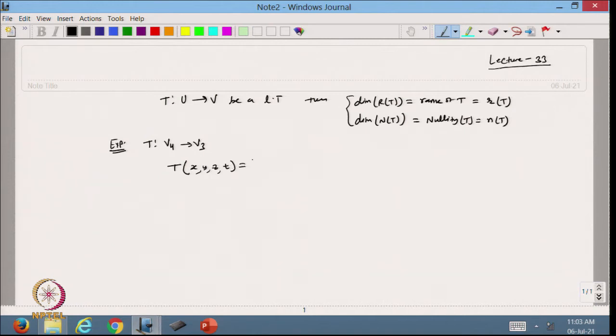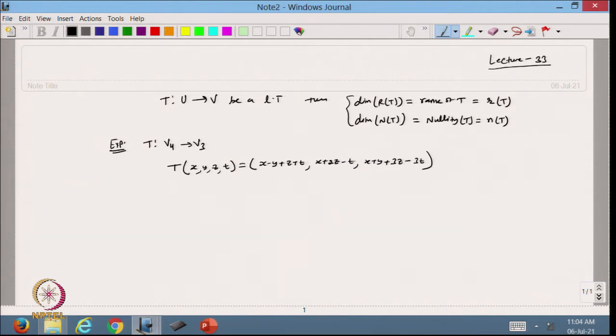Suppose I am taking this equal to (x - y + z + t, x + 2z - t, and x + y + 3z - 3t). So this is my linear transformation.